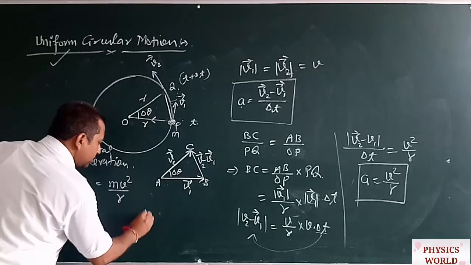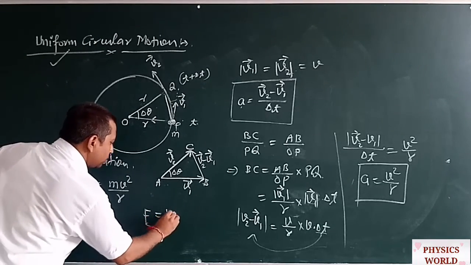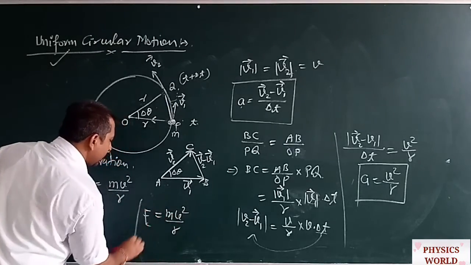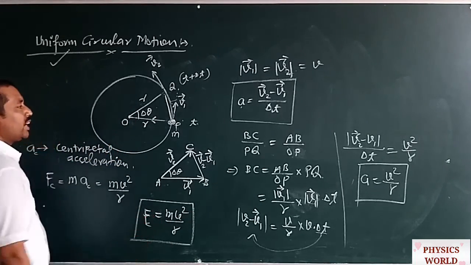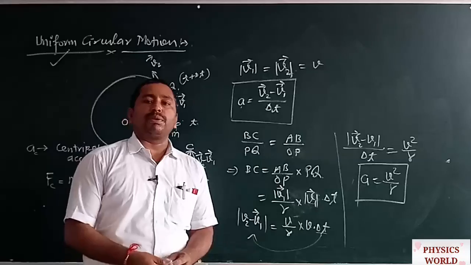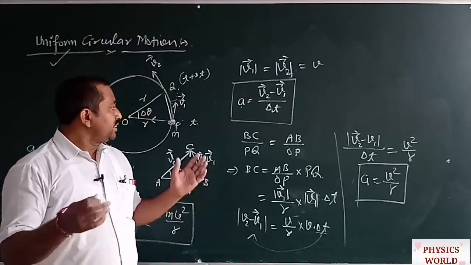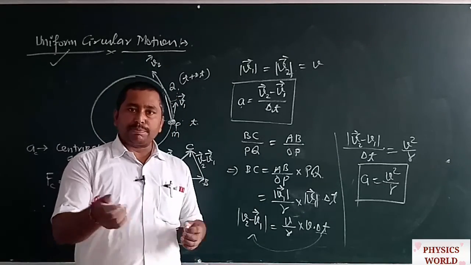So this type of force is considered centripetal force, mv square by r. This is a simple formula for the force, with the help of which you can easily solve different types of numerical problems. Okay, this is the last topic for this chapter.